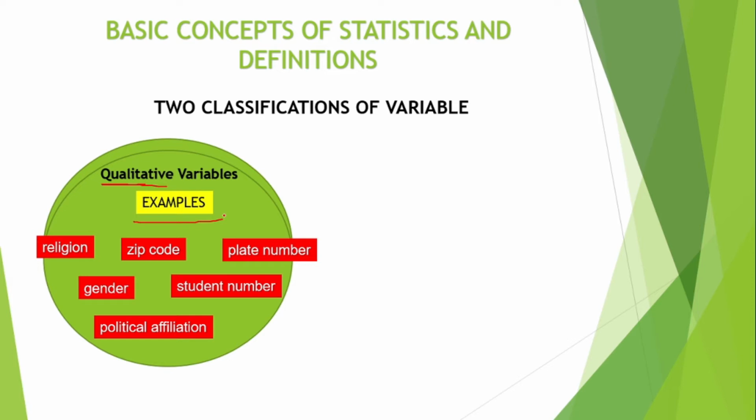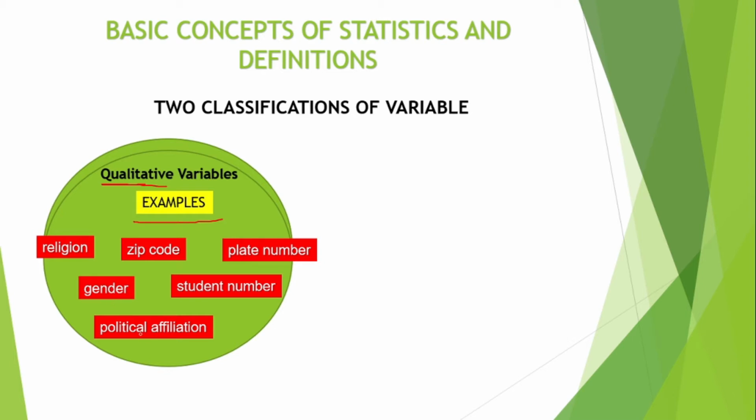It is not pertaining to a number, not something that involves a count, a volume, or a mass. Religion: what kind of religion people belong to. Gender: you're female or male.